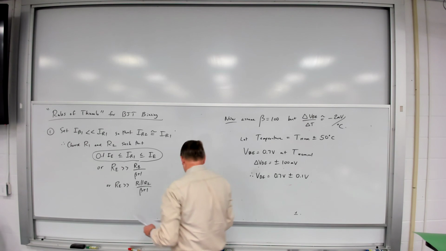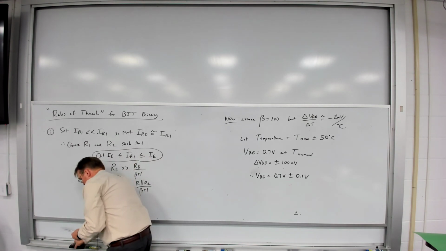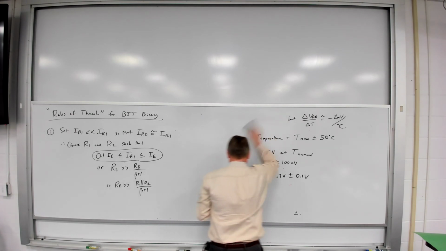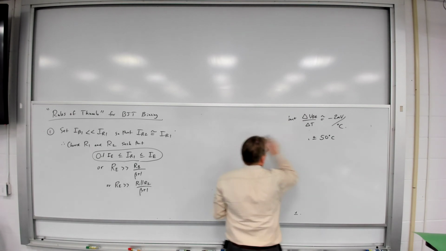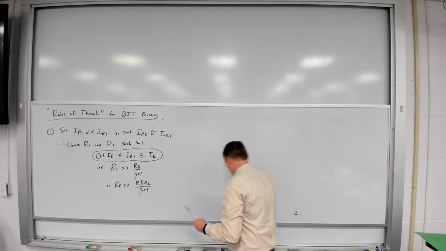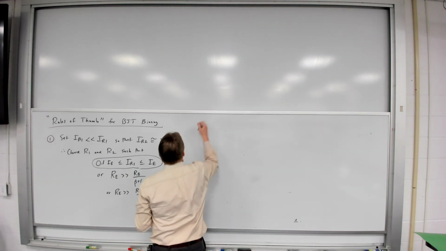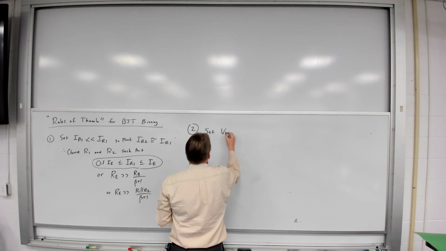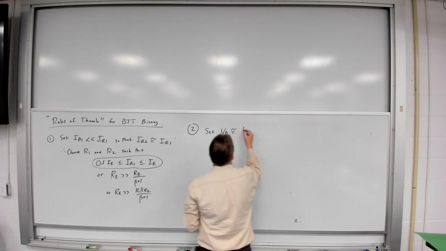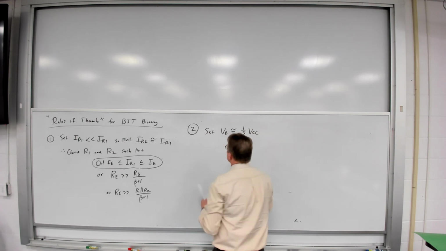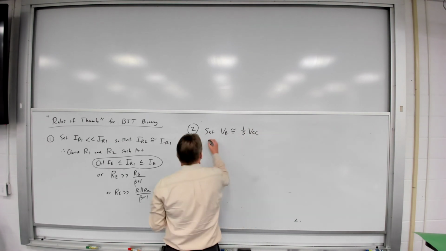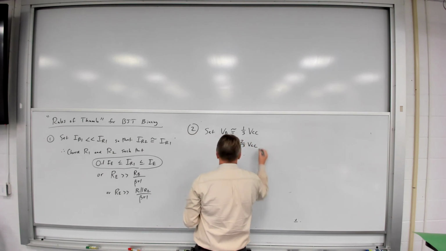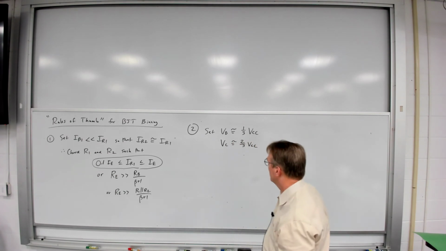Secondly, second rule of thumb: set VB approximately equal to 1/3 VCC and VC approximately equal to 2/3 VCC.